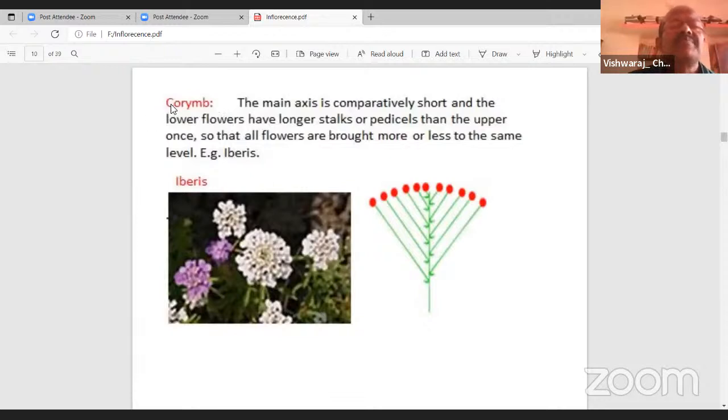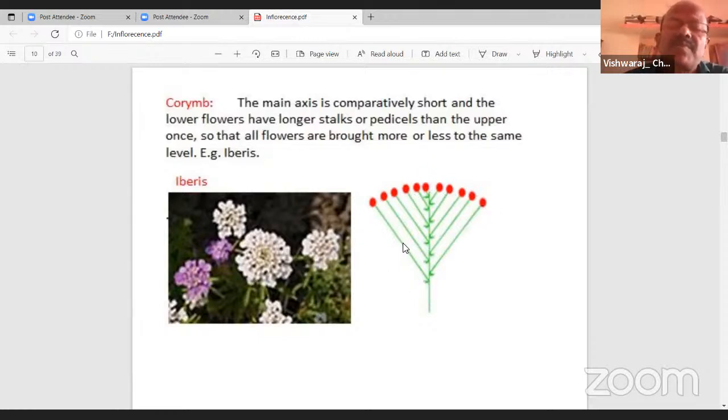Then third type, umbel. The main axis is comparatively short and lower flowers have longer stalk or longer pedicel than the upper ones, so that all flowers are brought more or less to the same level.